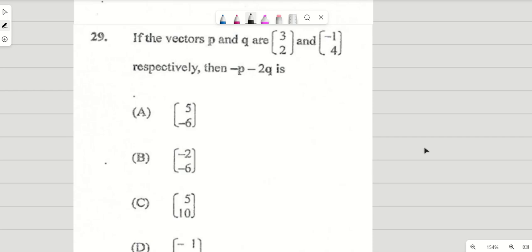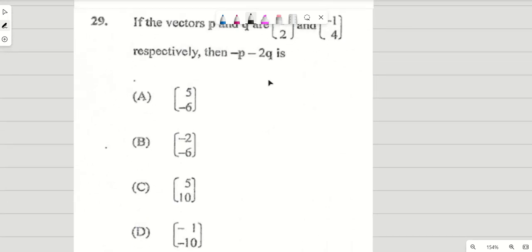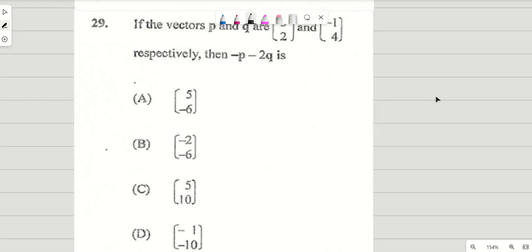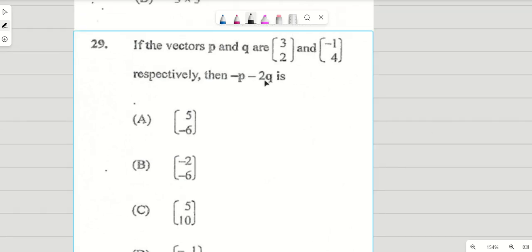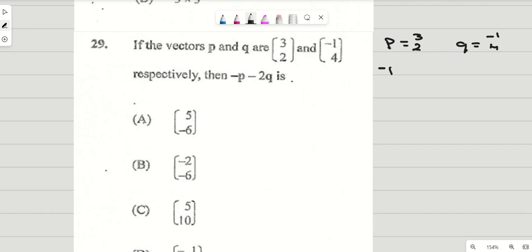Right, number 29, a vector P. So you see, this is a question that was brought last year, right? But they changed it up. Last year was P minus 2Q, but now they put in minus P minus 2Q. So we know that P is equal to 3, 2, and Q is equal to minus 1, 4. If they ask for minus P, that is negative 3, 2.